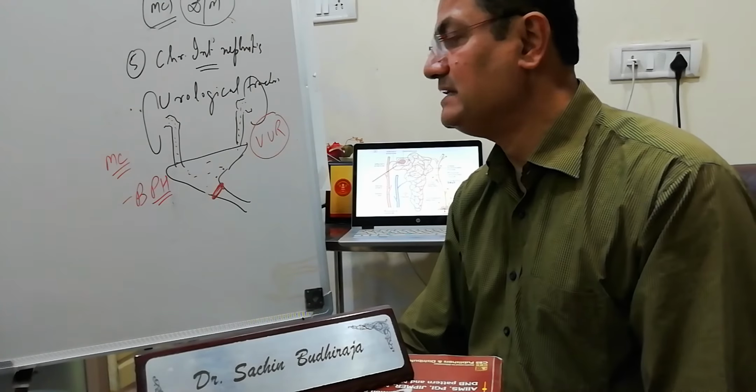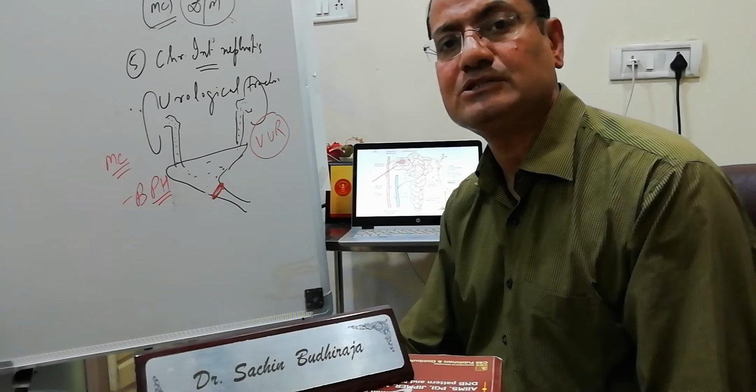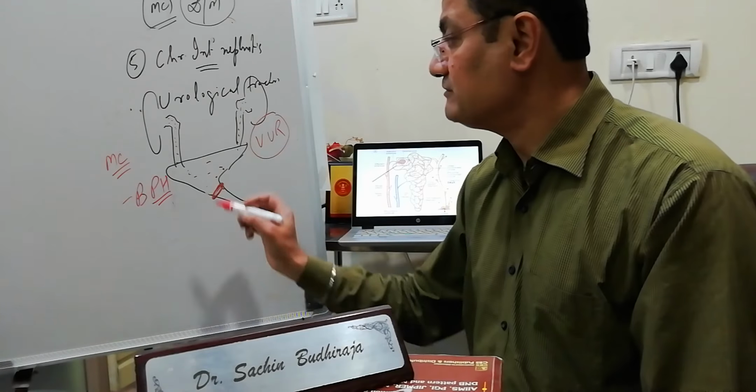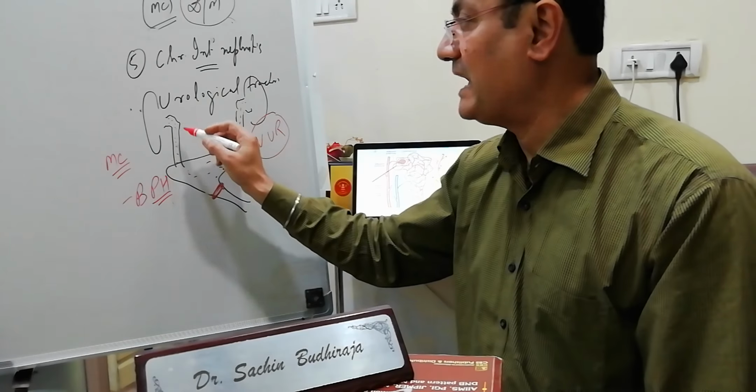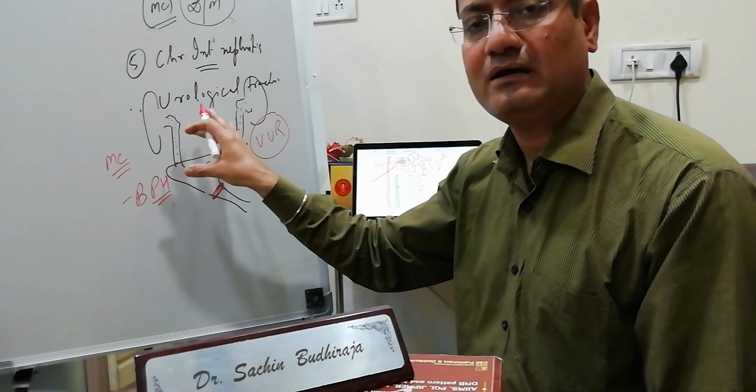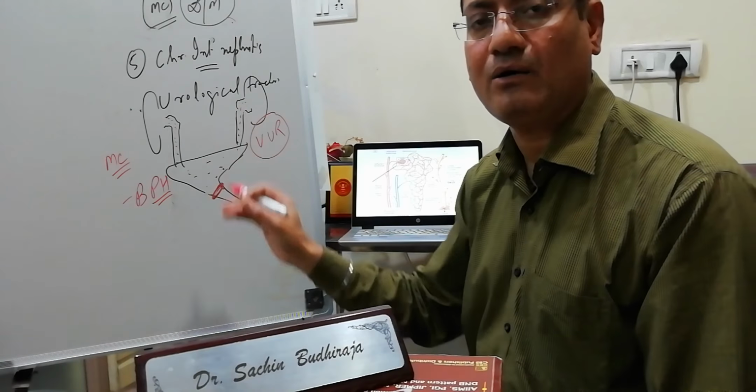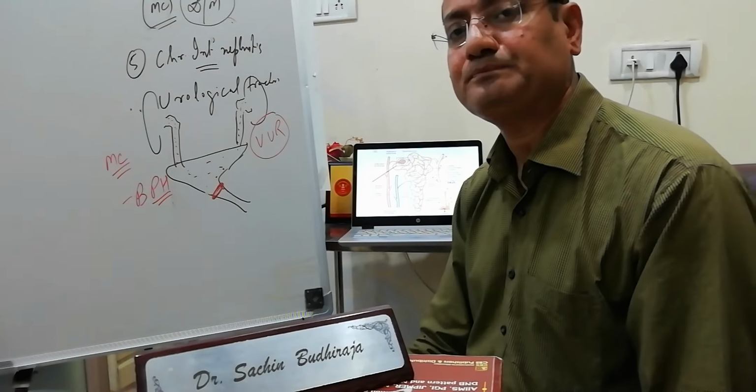And besides these waste products, we have metabolic acids also being eliminated. So these waste products and these metabolic acids are there in the urine, which is now being held back due to these illnesses.